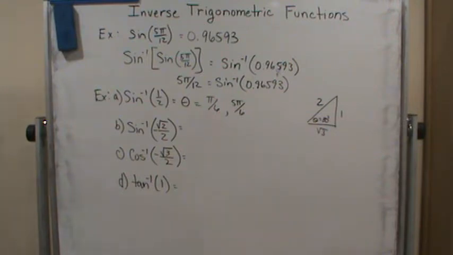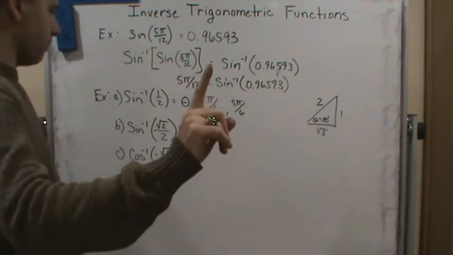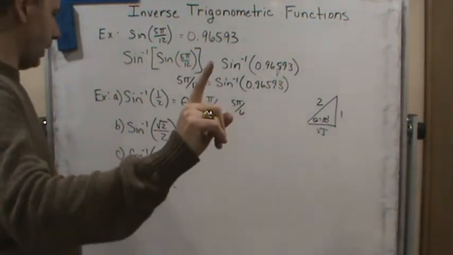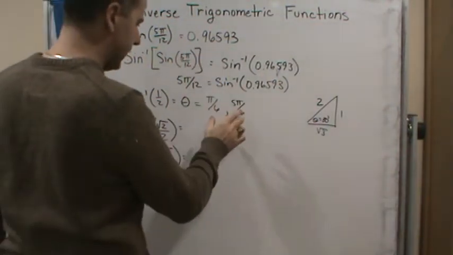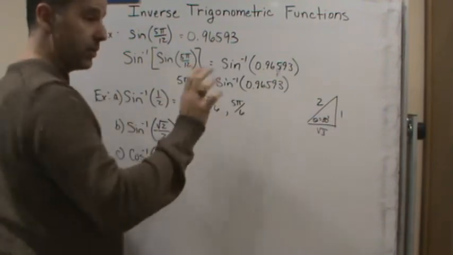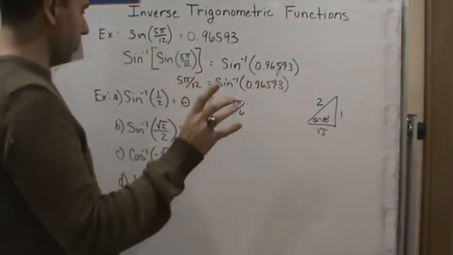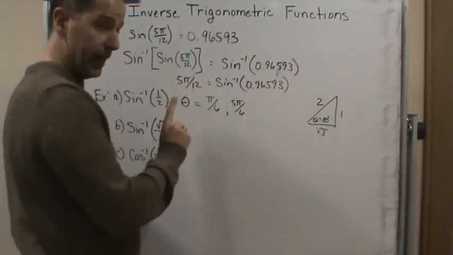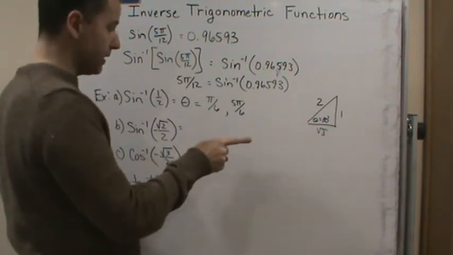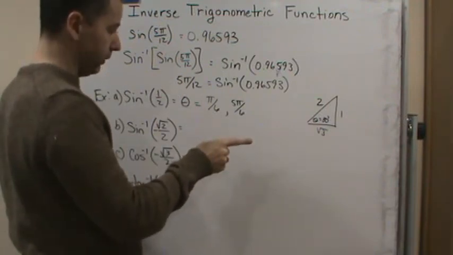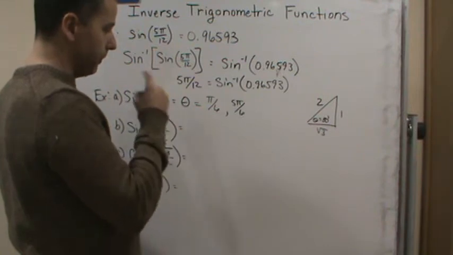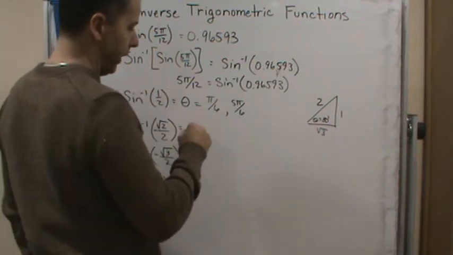But remember, here's the key. Remember the restricted domain for sine. The restricted domain for sine is from negative pi over 2 to positive pi over 2. Okay? So guess what?